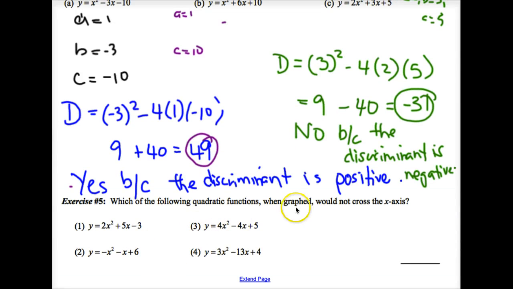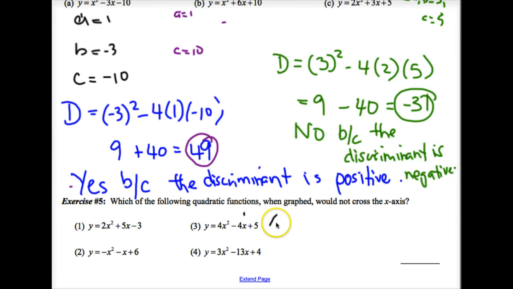Alrighty, which of the following quadratics when graphed would not cross the x-axis? All I'm asking you is, when is this discriminant negative? So what you would want to do is check the discriminant just like how we did in A, B, and C to see which discriminant is going to give you a negative.